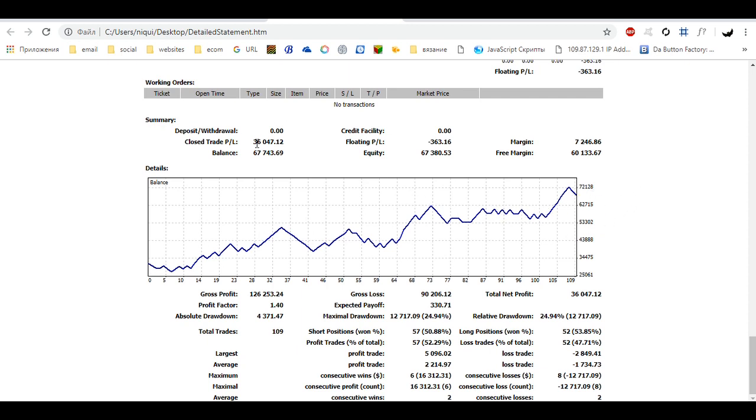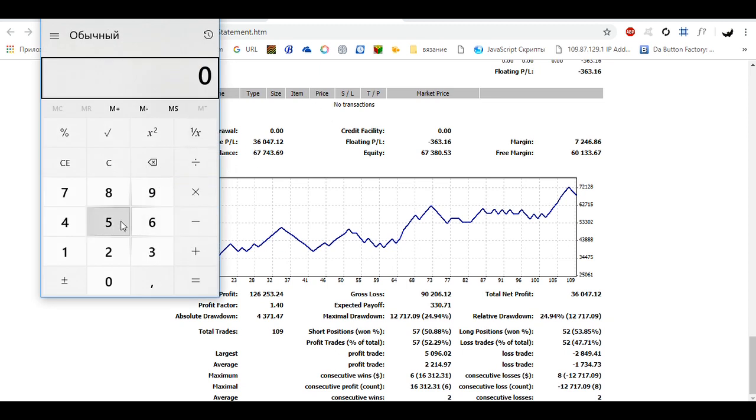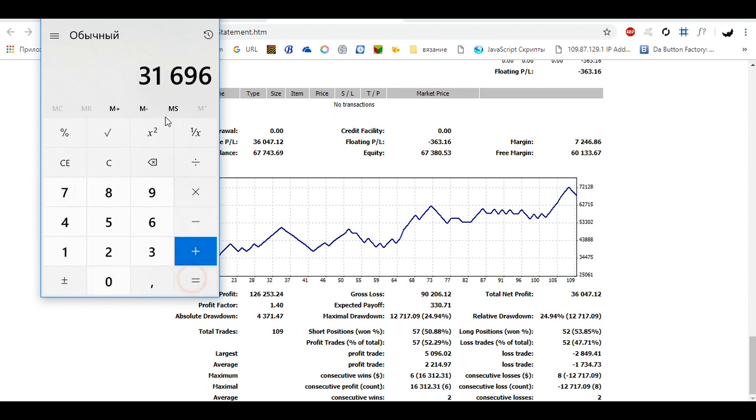I want you to pay attention to this total amount of money and the amount that was generated. If you do the calculation, the balance is 67,743 minus what was generated, so the initial was this.